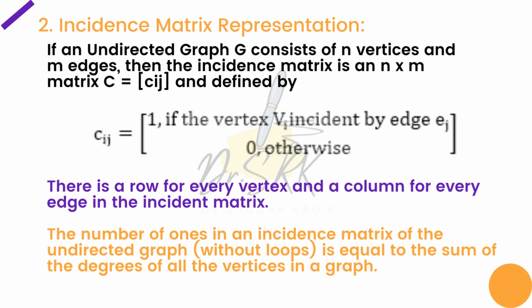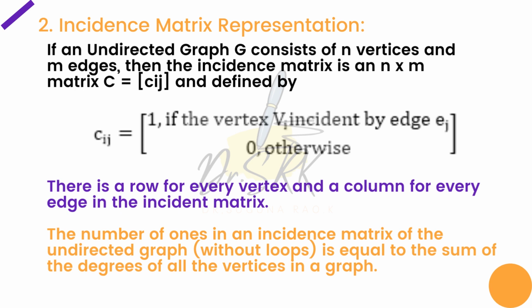There is an important point here: the number of ones in an incidence matrix of an undirected graph, without loops, is equal to the sum of the degrees of all the vertices in the graph.